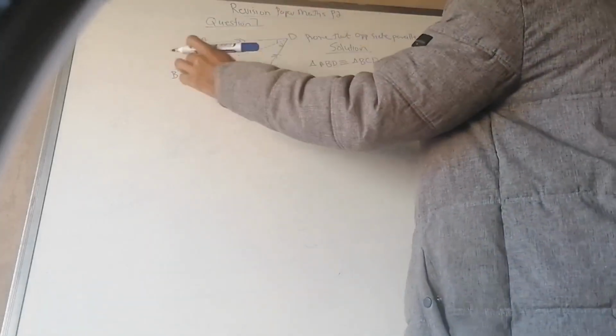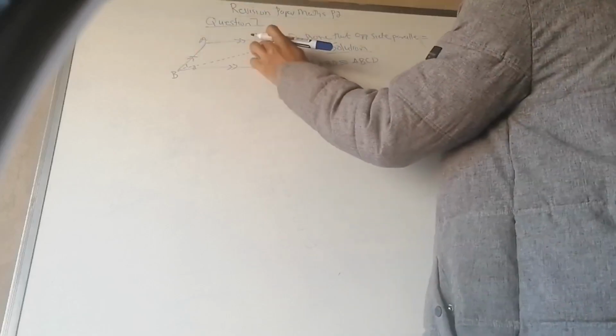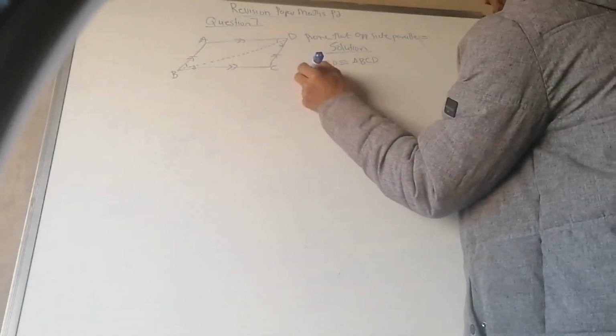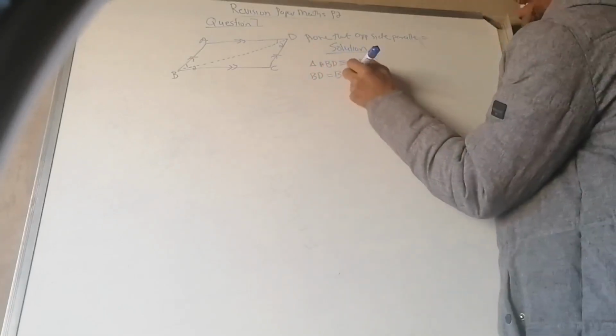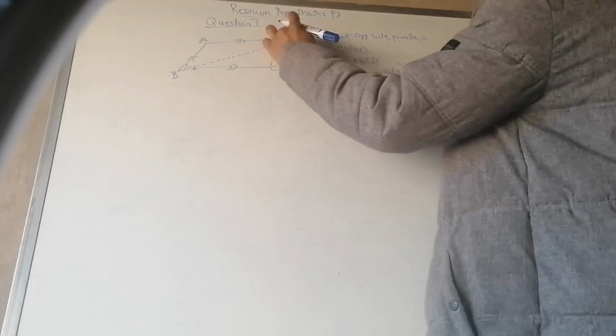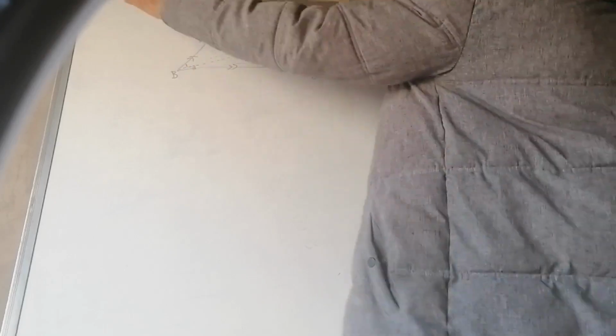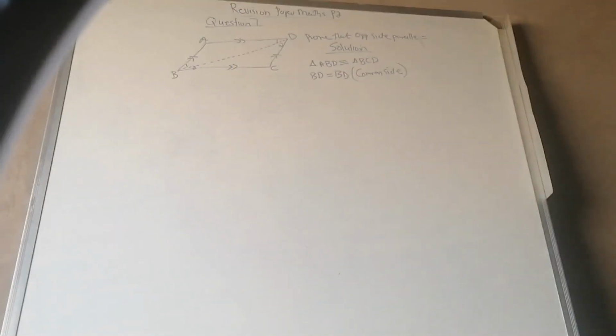One thing I know, BD equals BD, which is a common side. If you take this triangle on only BD, it's common.